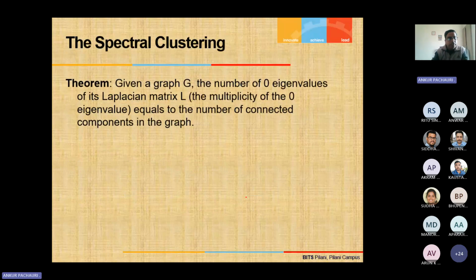This is the normalized version. And this is the theorem: given a graph G, the multiplicity of 0 eigenvalues of the Laplacian matrix equals the number of connected components in the graph. So if we find the Laplacian matrix, which is just a subtraction of one matrix from the other, we can find the eigenvalues, and the number of zeros will equal the number of components.